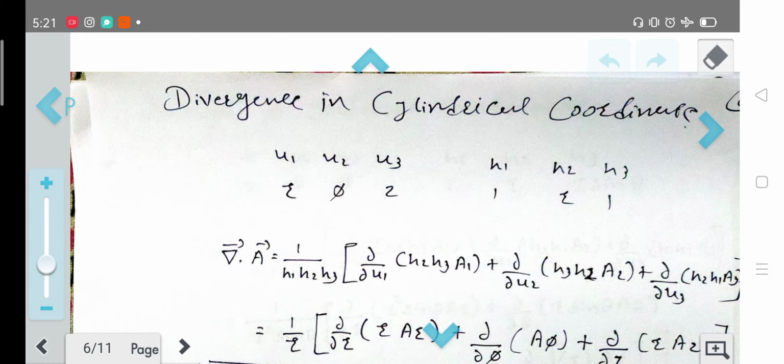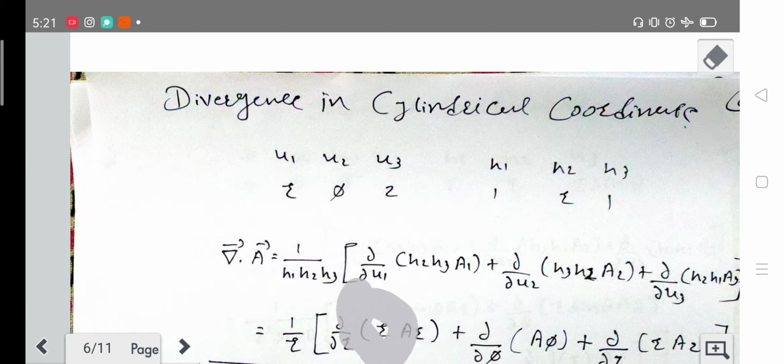So what will be the value of this particular term? It will be 1 upon r. And this u1 will become r here, so del by del r, and h2 into h3 will be r into 1.